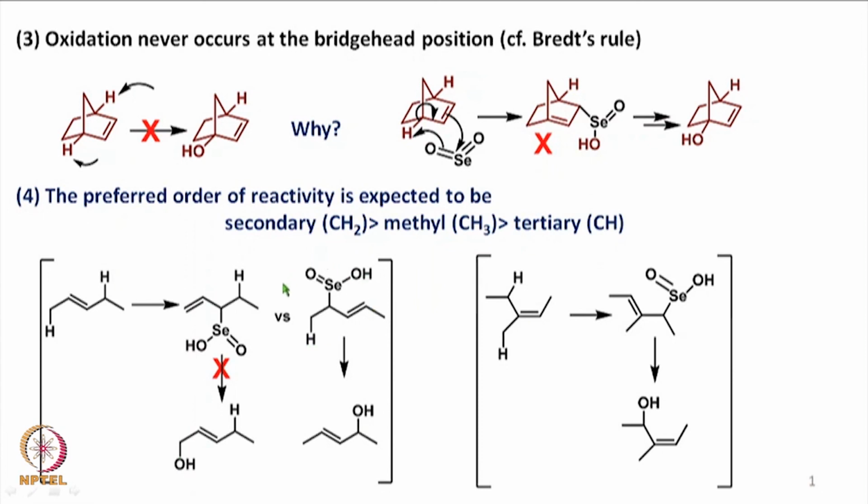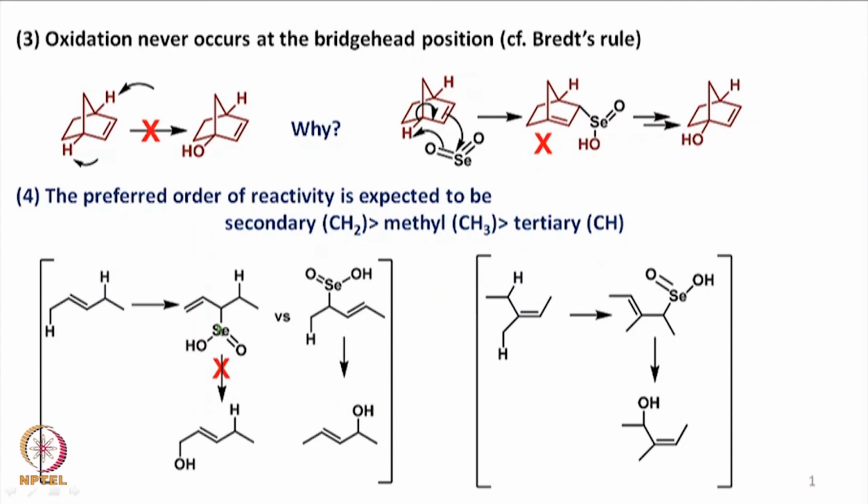Whereas if we take this secondary hydrogen into consideration, then the intermediate involving a selenium species that is formed is this particular intermediate, in which, as one can see, the double bond is 1,2 disubstituted, and that leads to the formation of the allylic hydroxy group like this.